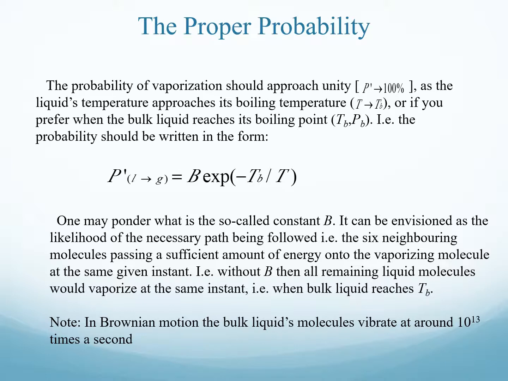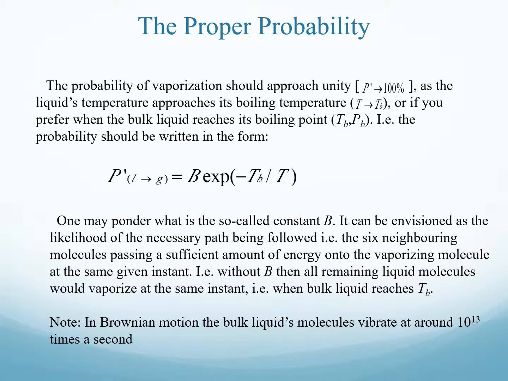One may wonder, what is the so-called constant B now? It can be envisioned as the likelihood of the necessary path being followed, i.e. the 6 neighbors all passing the sufficient amount of energy onto the vaporizing molecule at some given instant. Without B, all remaining liquid molecules would vaporize at the same instant when the bulk liquid reaches its boiling point.